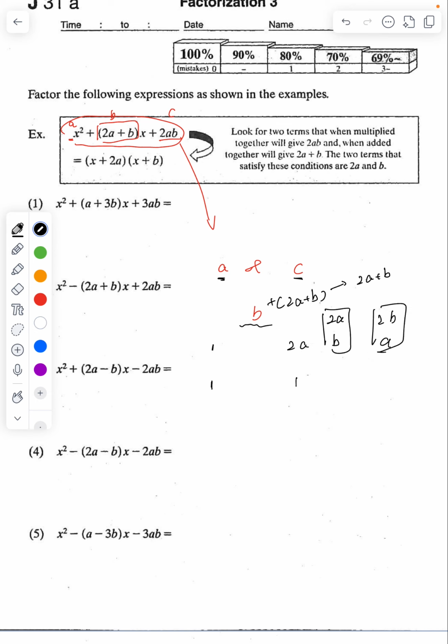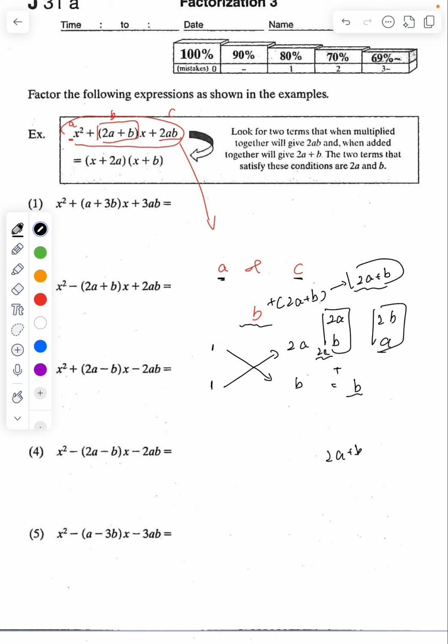If we put 2a and b over here, now let's do the cross multiplication. 1 times b is equal to b. 1 times 2a is equal to 2a. So then we add these two together, 2a plus b, which perfectly matches what our b is.